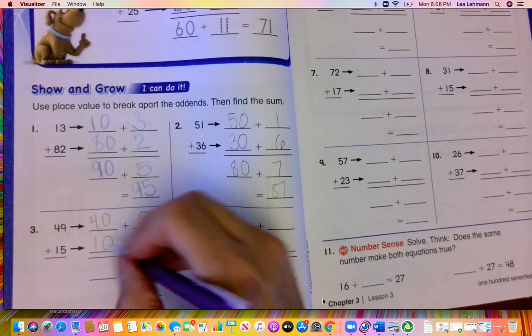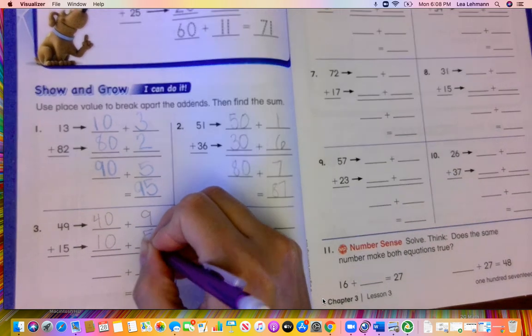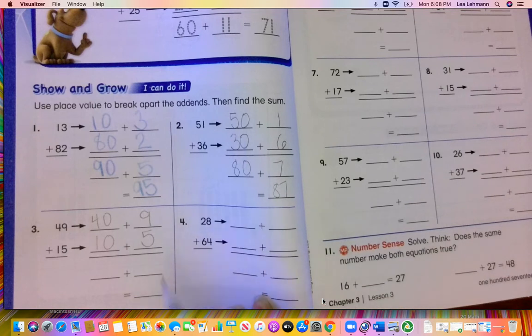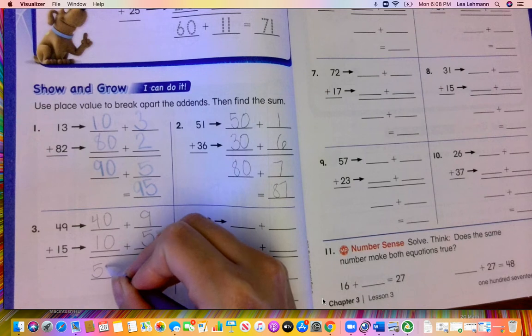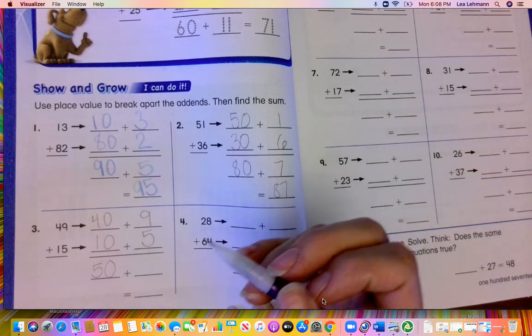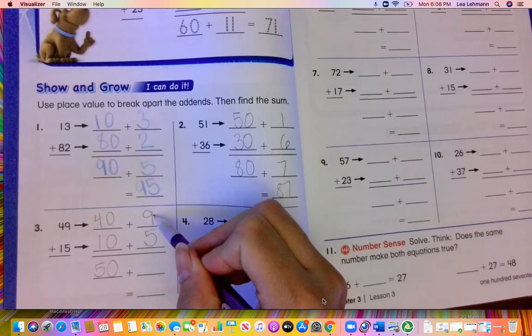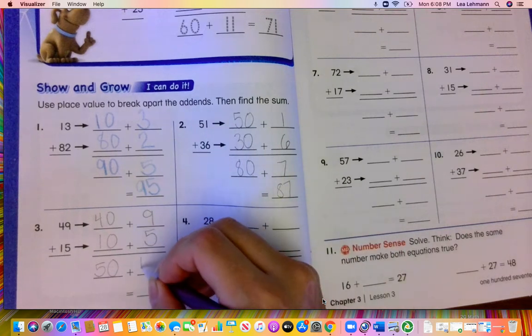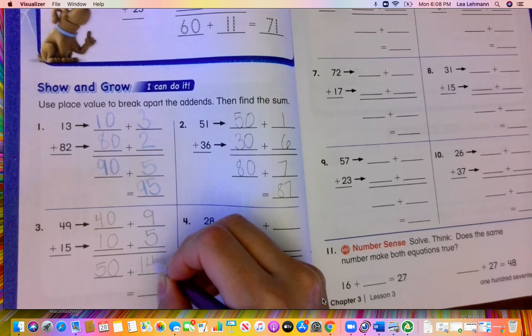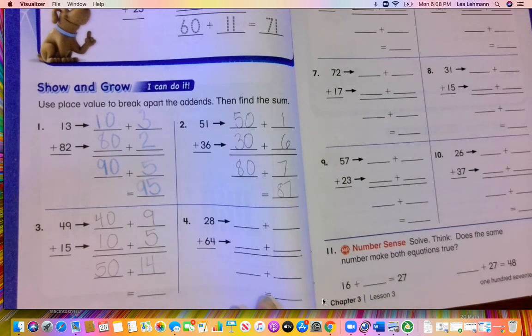And then our ones, which is 5. 40 and 10 together. Put the answer here is 50. 9 and 5 together is 14, so a little bigger now.